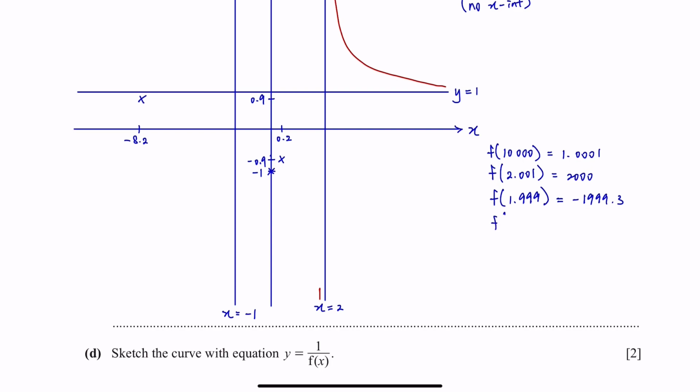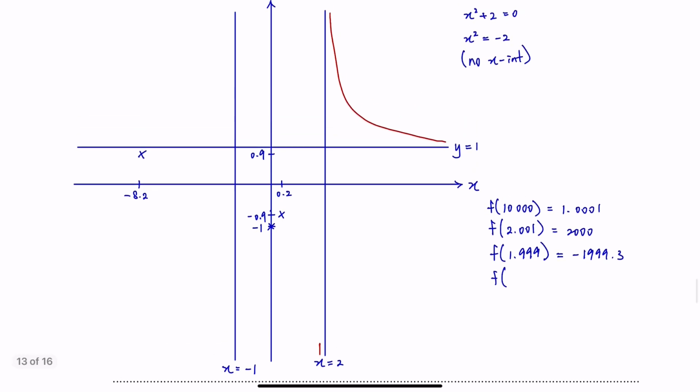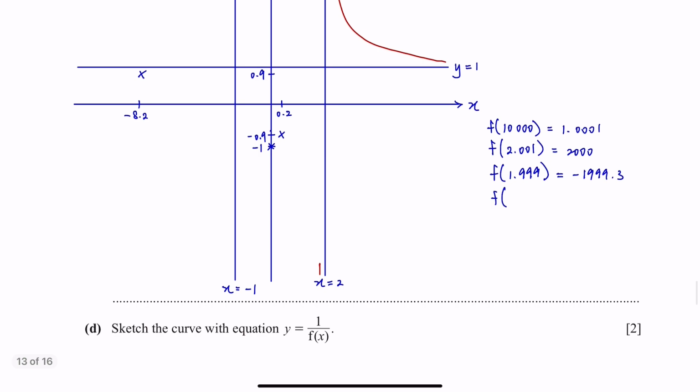And when x is around this area, let's sub it as negative 0.999. We get negative 999.7. It's also a very small number, so it's also towards the infinity when x is going towards negative 1.